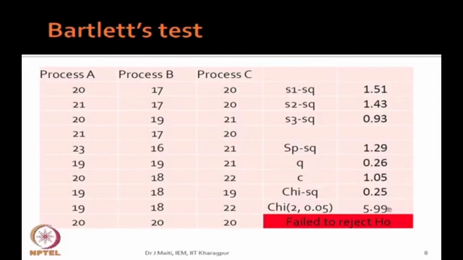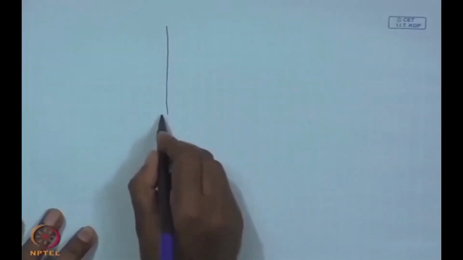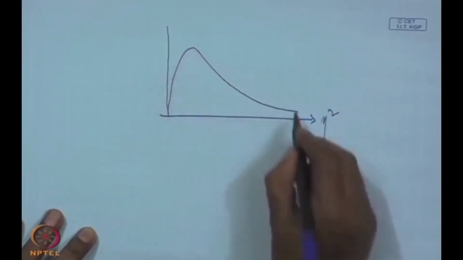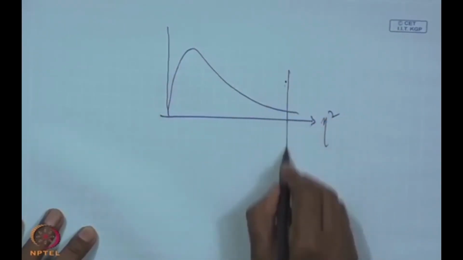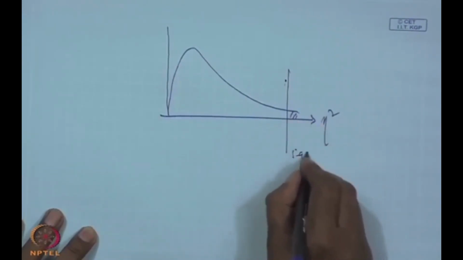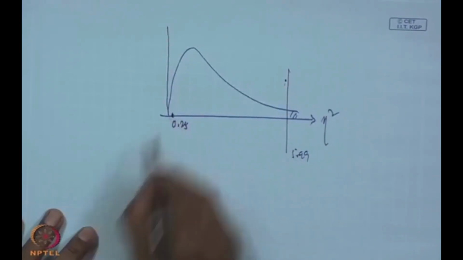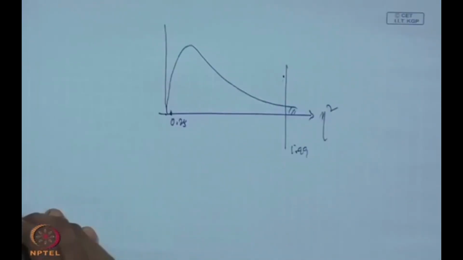Now, the computed value is less than the tabulated value. So, what will be your decision? Will you accept or reject the null hypothesis? Accept the null hypothesis; you fail to reject it. So, the same principle: suppose this is your chi square distribution, your alpha tabulated value here is 5.99, but your value is how much? 0.25, very close to 0.